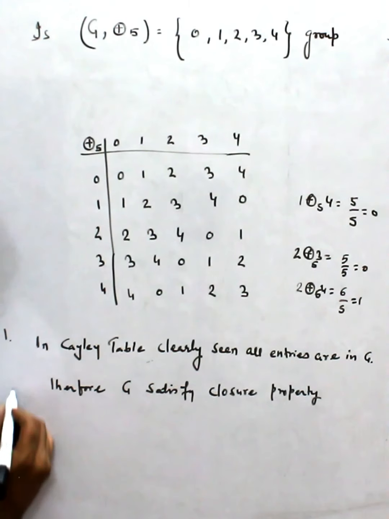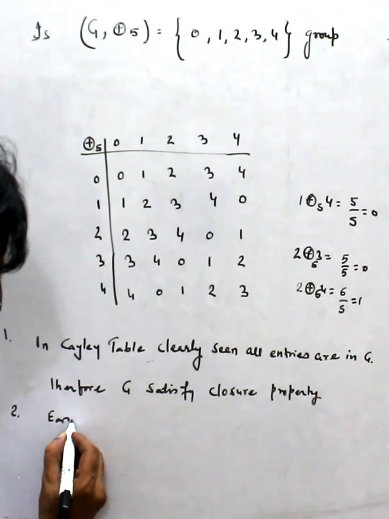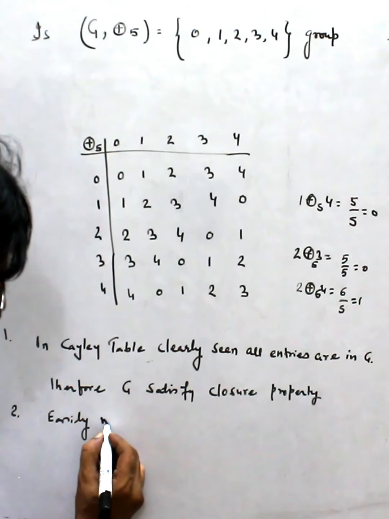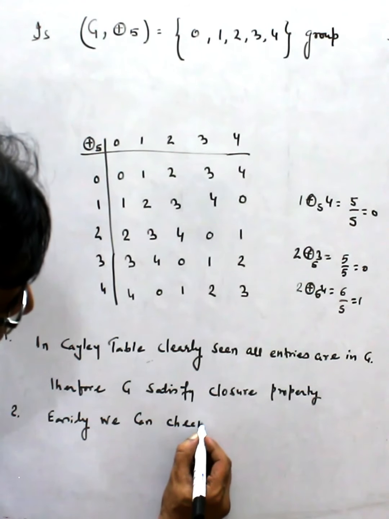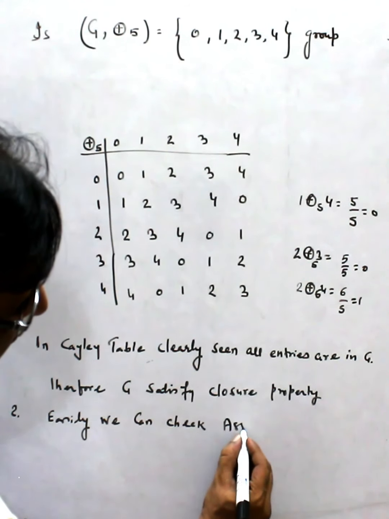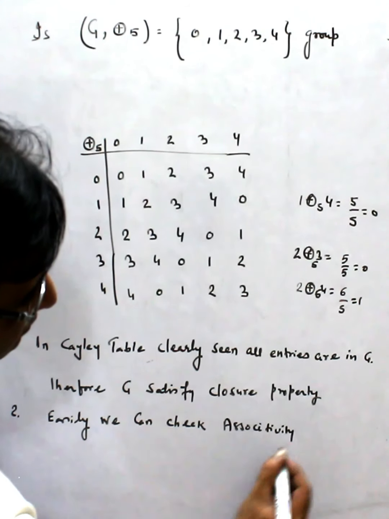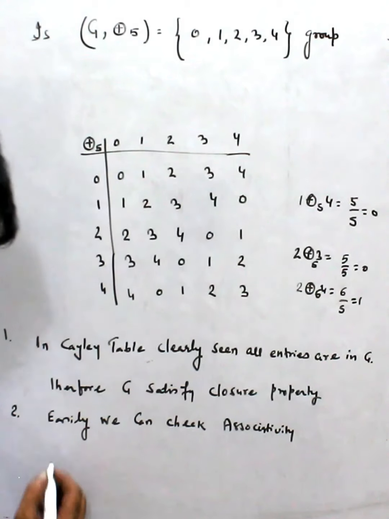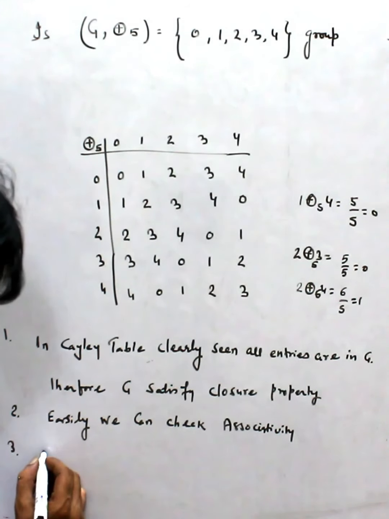This is 1. Similarly 2, easily we can check associativity, and third is identity.